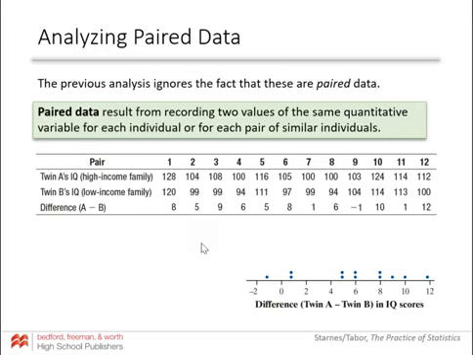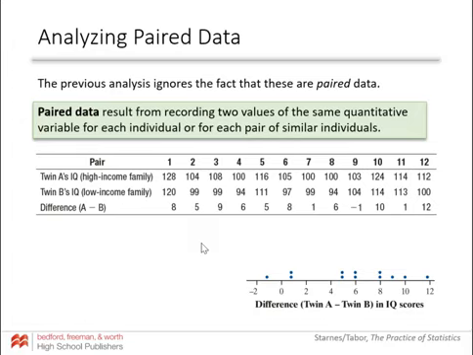because our subjects here were identical twins. So wouldn't it make more sense to compare the twins directly to each other? So rather than the average of all the high income families and all the low income families, we want to know for that specific pair of twins, since most everything about them should be similar, if not the same, other than the family they were raised at, how much of a difference is it between the two identical twins?